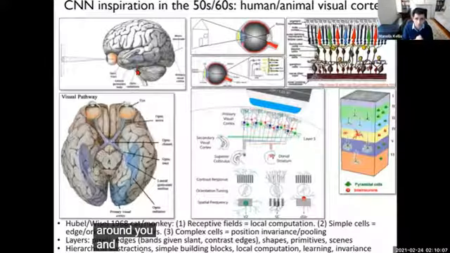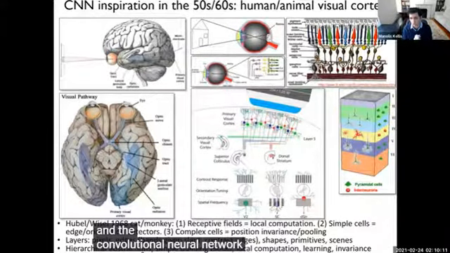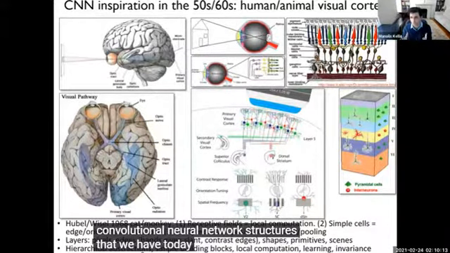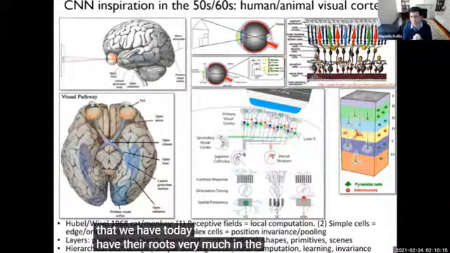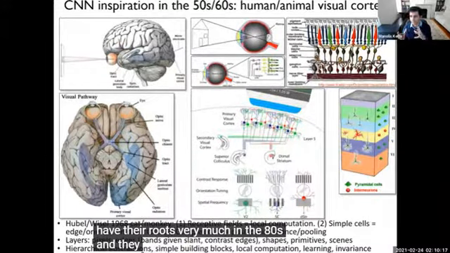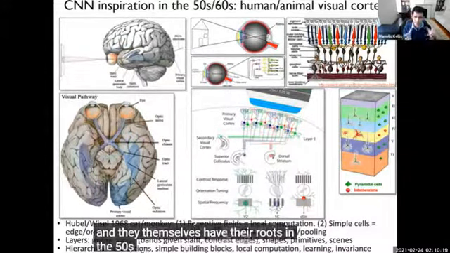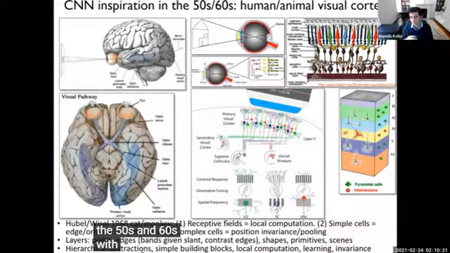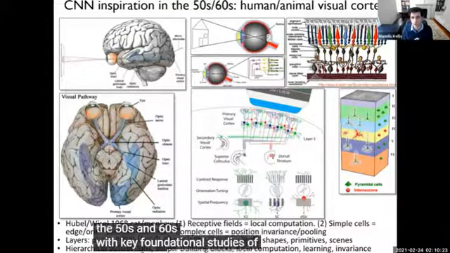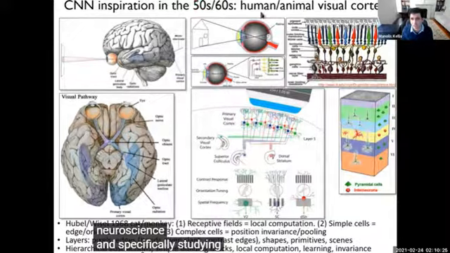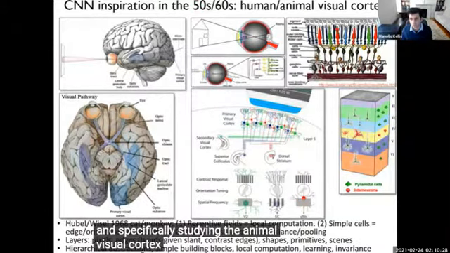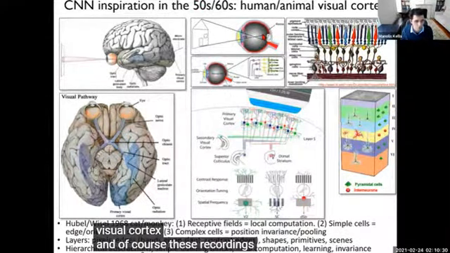And the convolutional neural network structures that we have today have their roots very much in the 80s. And they themselves have their roots in the 50s and 60s with key foundational studies of neuroscience, and specifically studying the animal visual cortex and of course the human visual cortex.